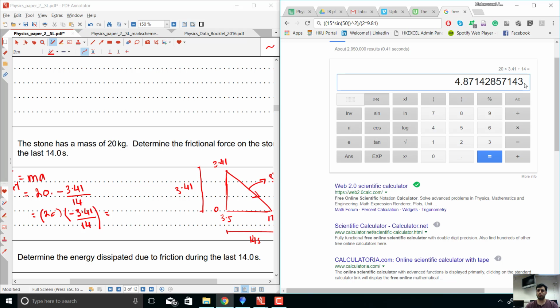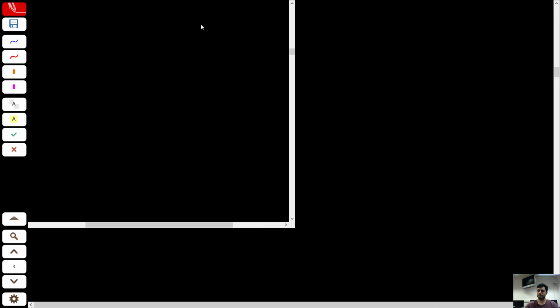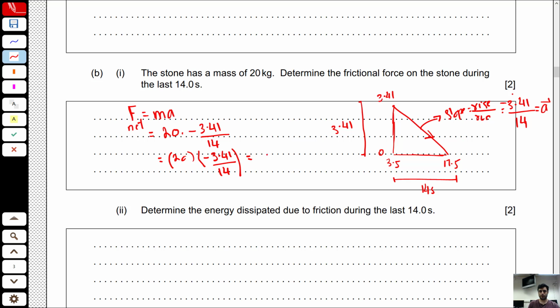Enter. 4.87 with a negative sign. So the result is negative 4.87. It's a force, so it has to be in newtons. 4.87 newtons is the resistive force that is required in order to decelerate the body from 3.41 meters per second to 0 in the last 14 seconds.